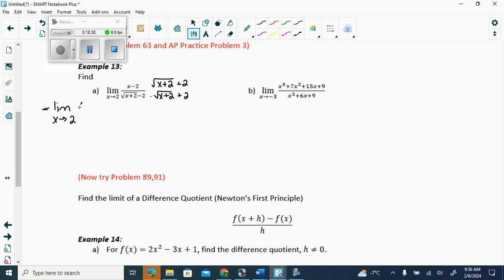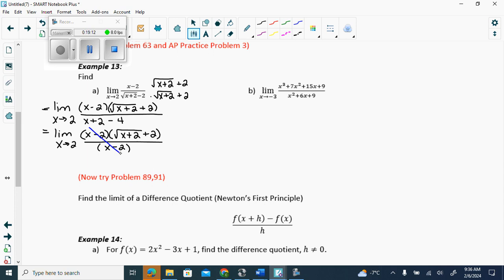So we're going to get x minus 2, square root x plus 2 plus 2. And then on the denominator, we're going to get x plus 2 minus 4. And then we're going to get the limit as x approaches 2 of x minus 2 times square root x plus 2 plus 2 over x minus 2.